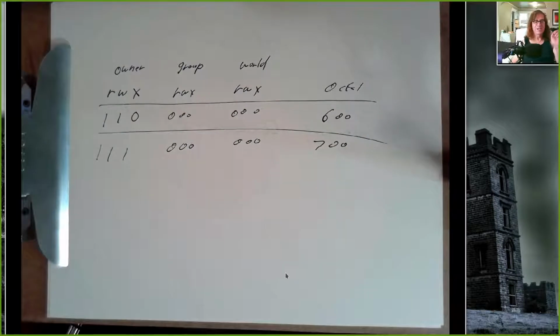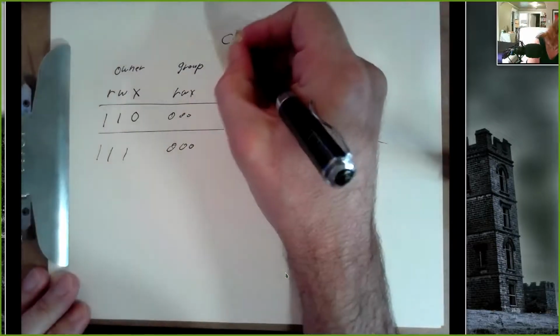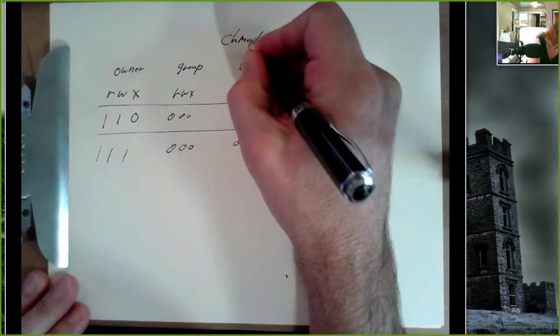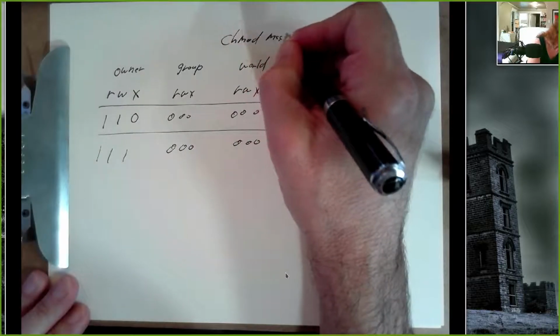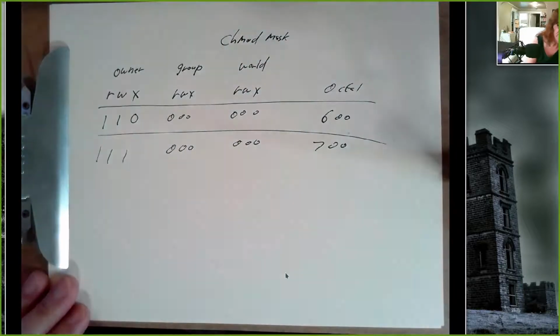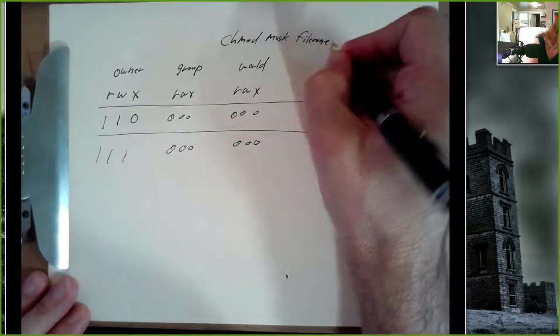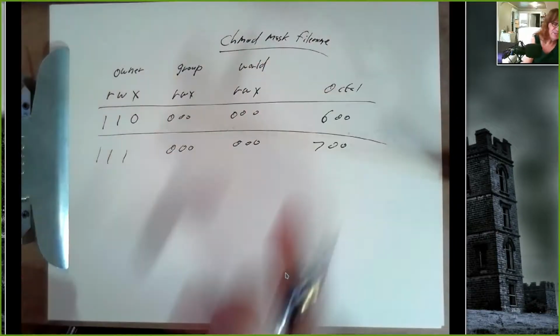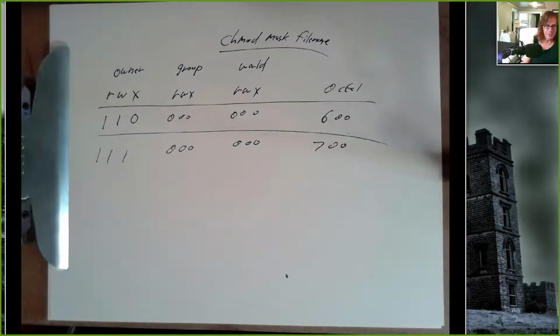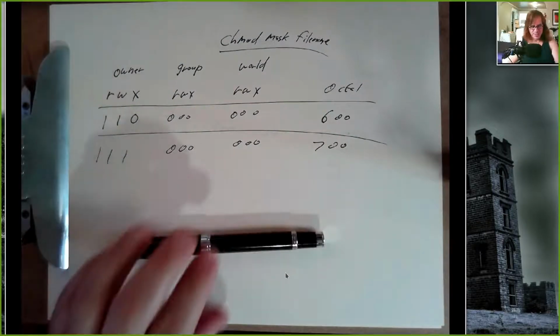The way we set the permission bits is chmod, change mode. We can give it a bit mask, like in engineering 270, and then a file name. So if I say chmod 700 example1, that should turn on this execute bit.